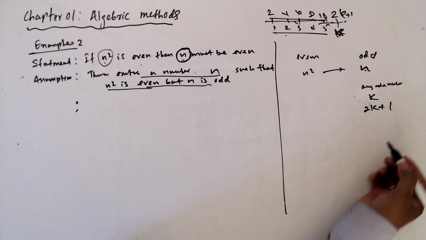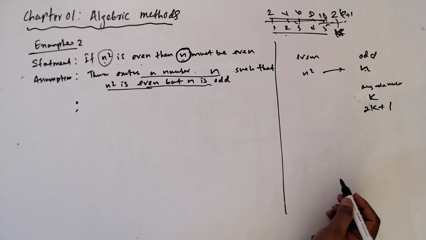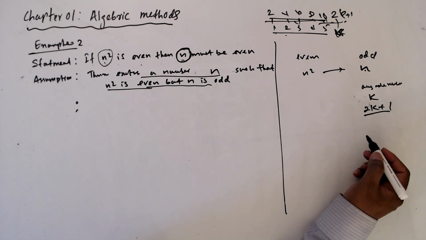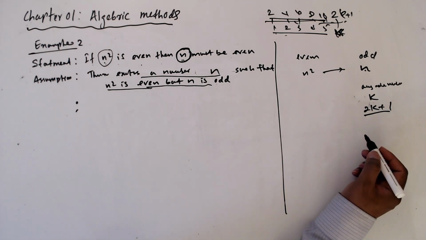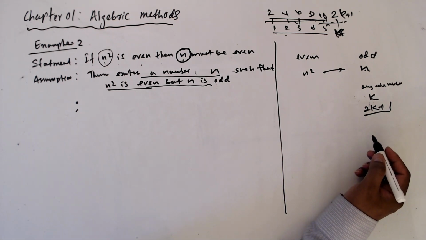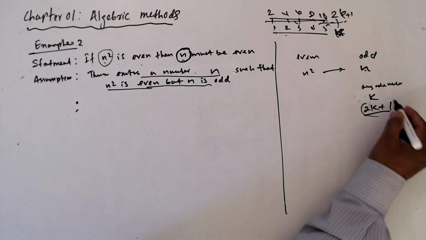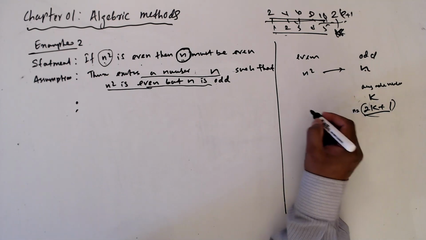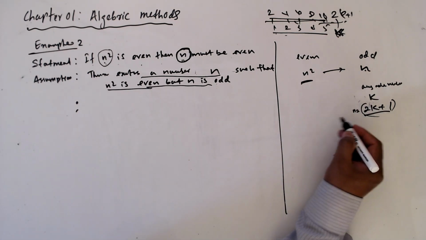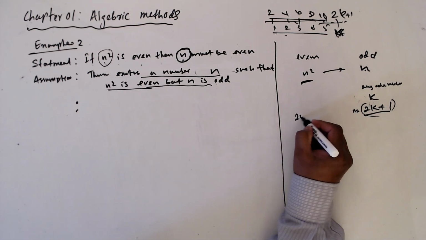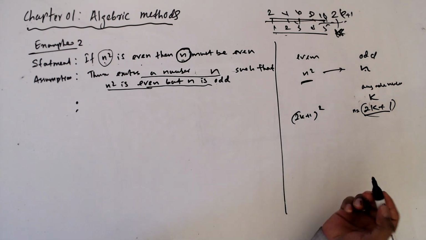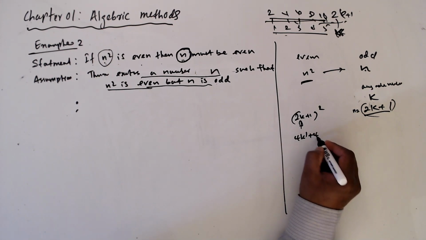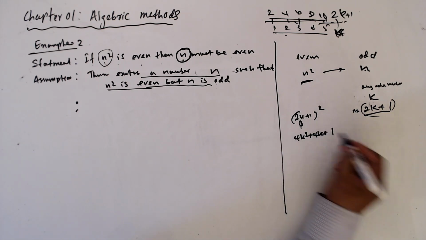So I create the odd number 2k plus 1. And now I square it. So this is n, and I need n square, which means 2k plus 1 square. What is the answer? 4k square plus 4k plus 1.